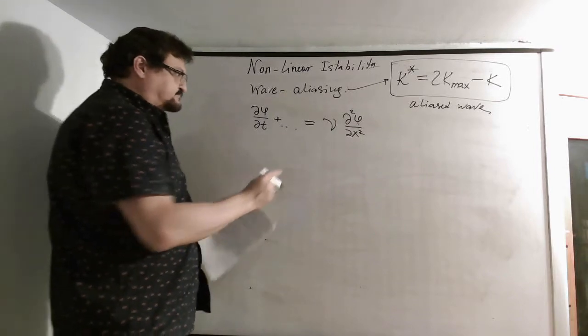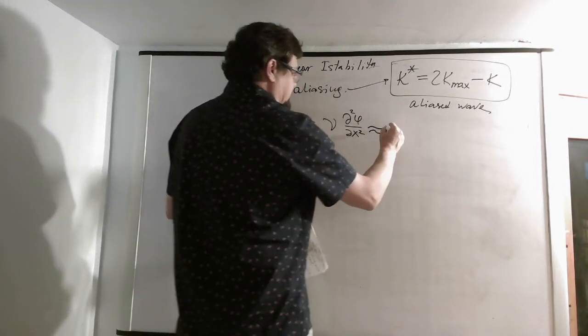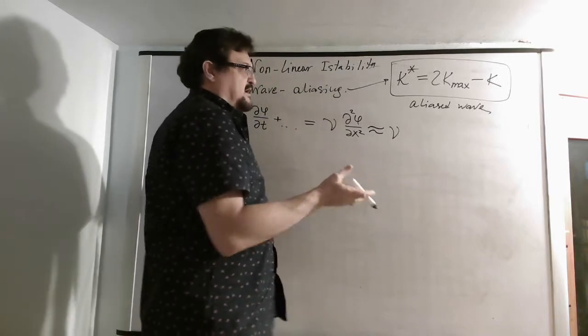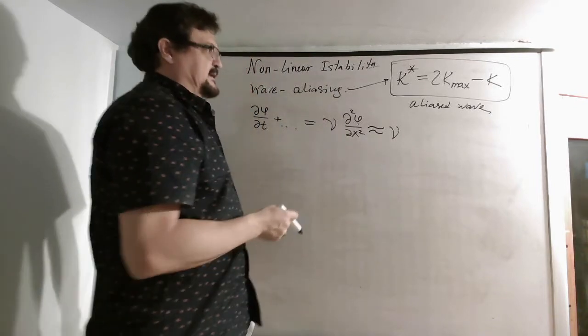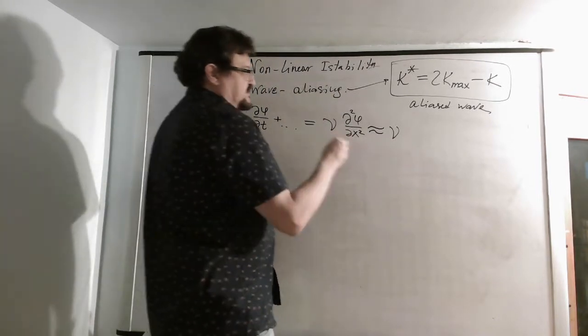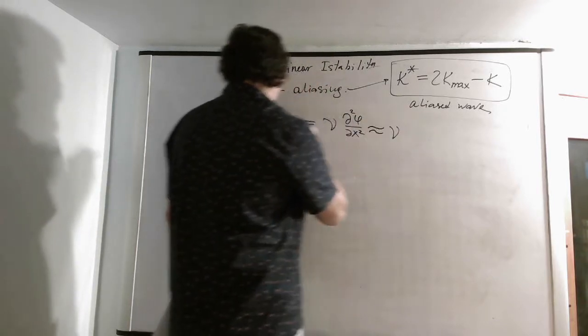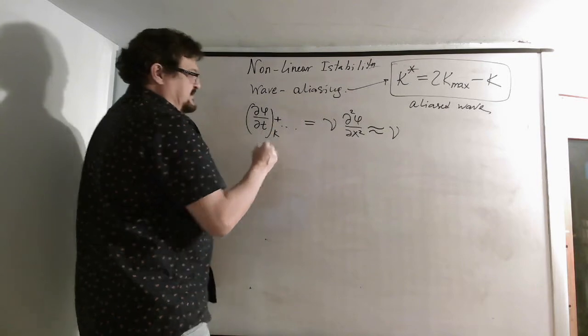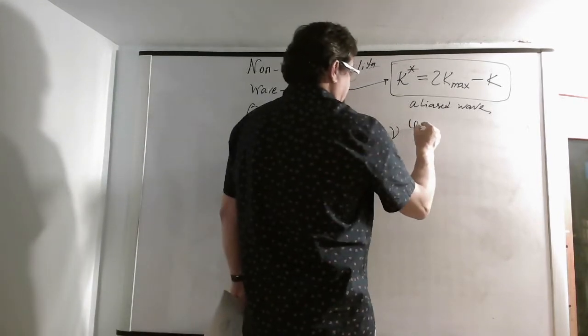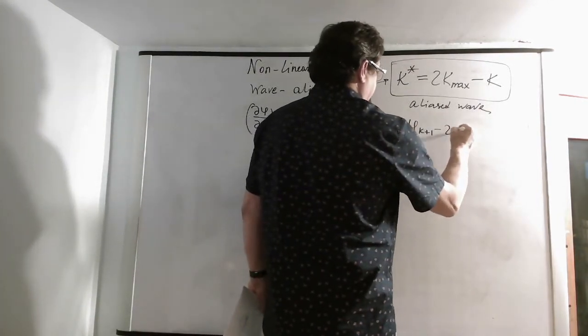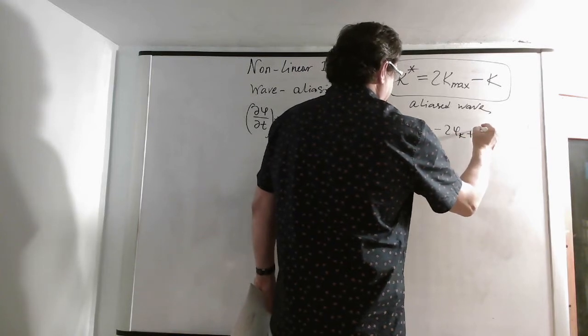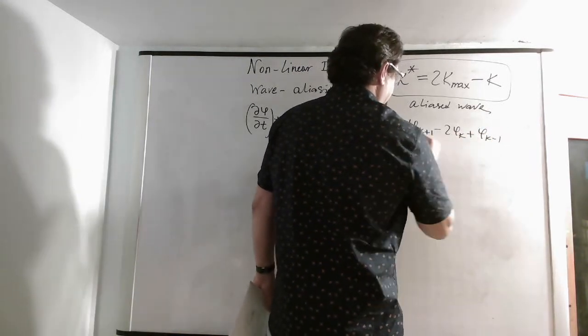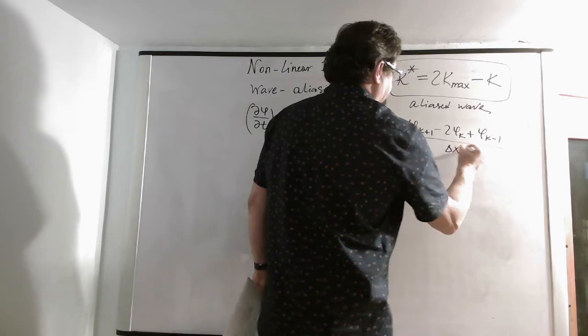And so you approximate it as our second order representation of second derivative, as you may remember. So this is at some point k: phi k plus 1 minus 2 phi k plus phi k minus 1, divided by delta x squared.